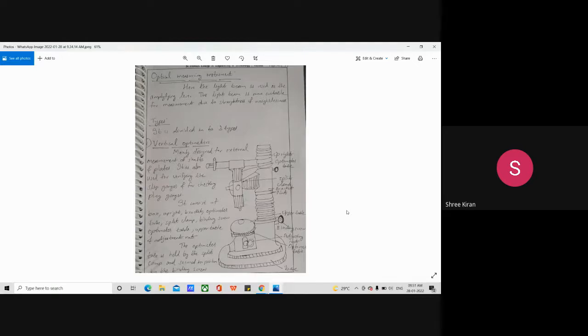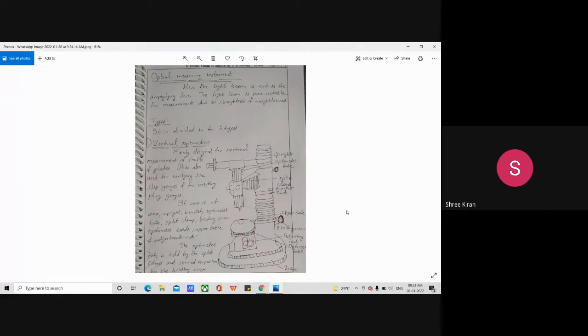This is what happens where we have a suitable stage or table to position the work part, where the table preferably has provisions for movement in two directions and possibly rotation about a vertical axis.